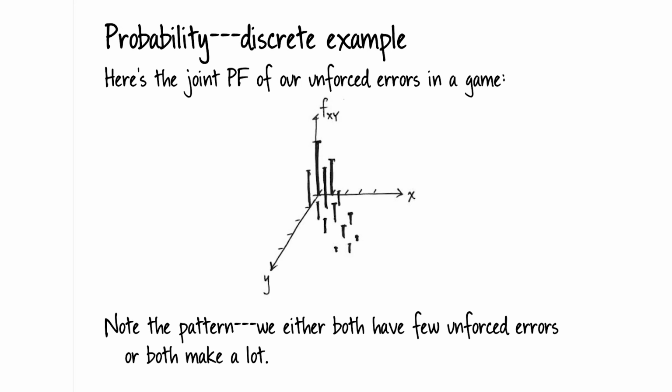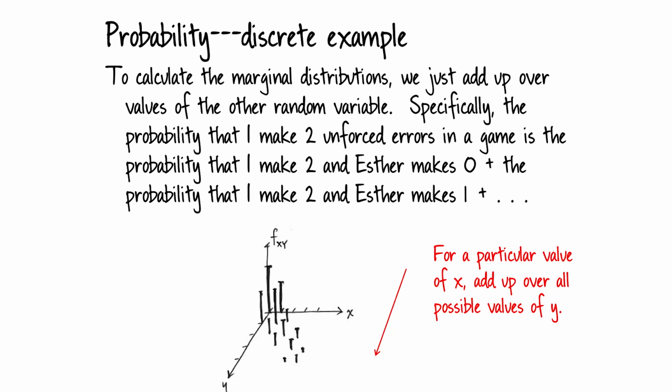Okay, so here's the graphical representation of exactly the joint PF I just showed you. So I just drew what it would look like graphically. And now let's calculate the marginal distributions for both X and Y. Okay? So remember what we said a couple of slides ago.